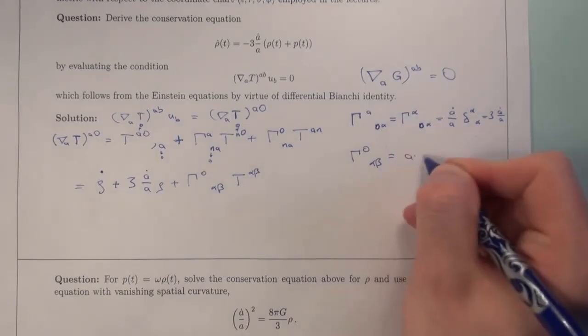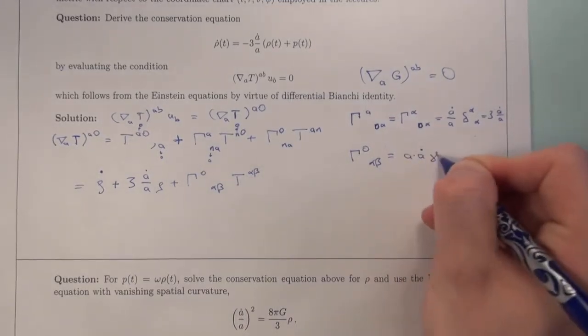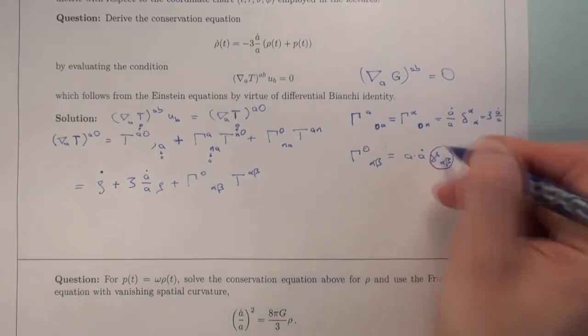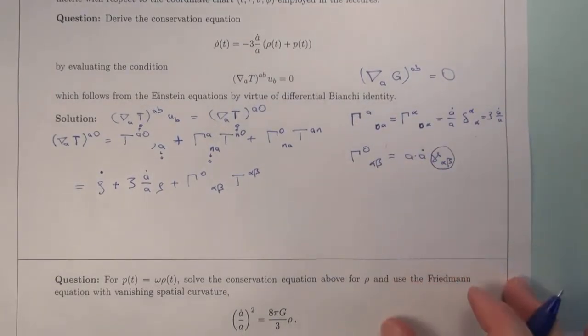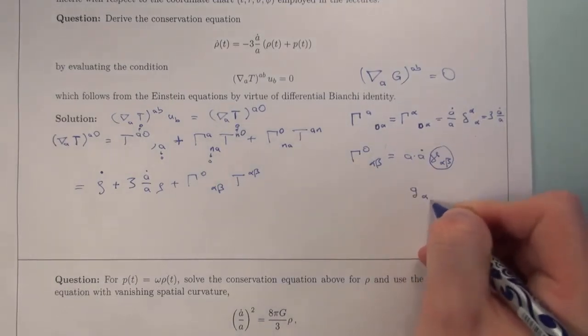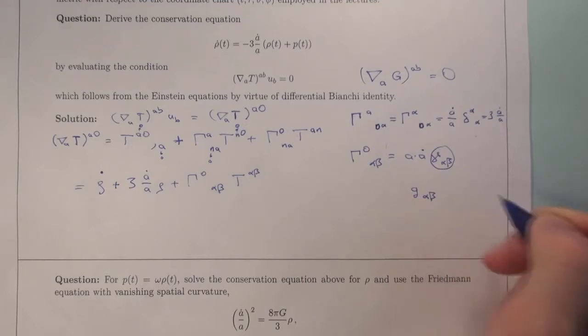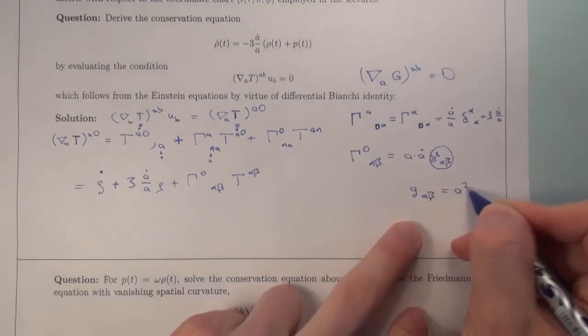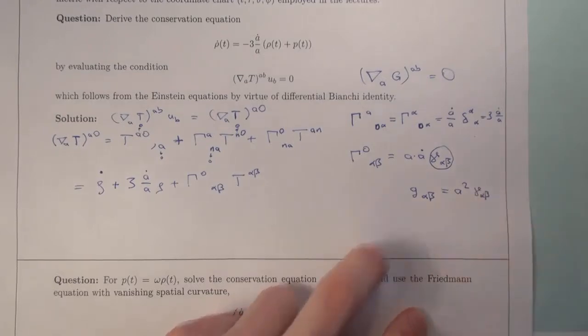And this is A times A dot times gamma alpha beta, where gamma alpha beta down was G alpha beta, what do I want to say? So G alpha beta was A squared times gamma alpha beta.